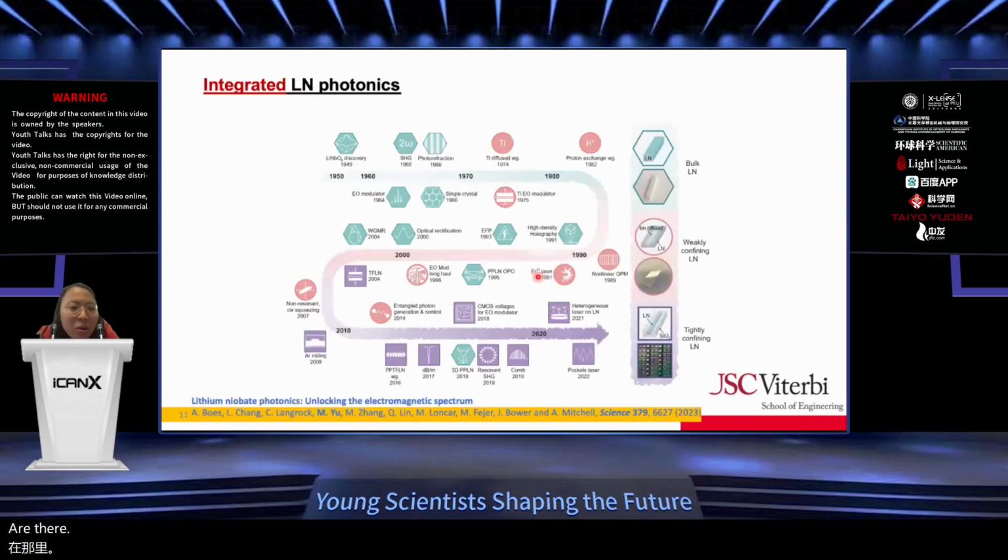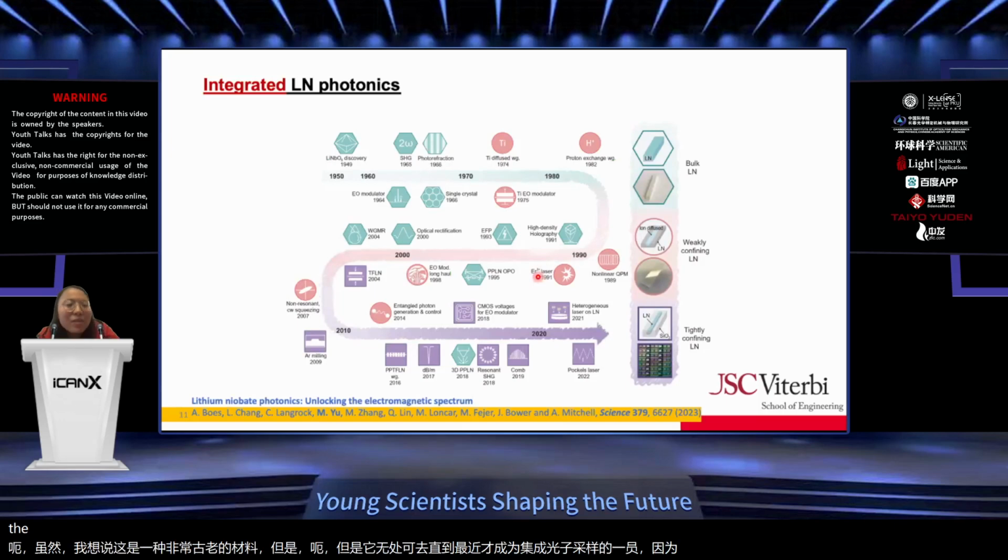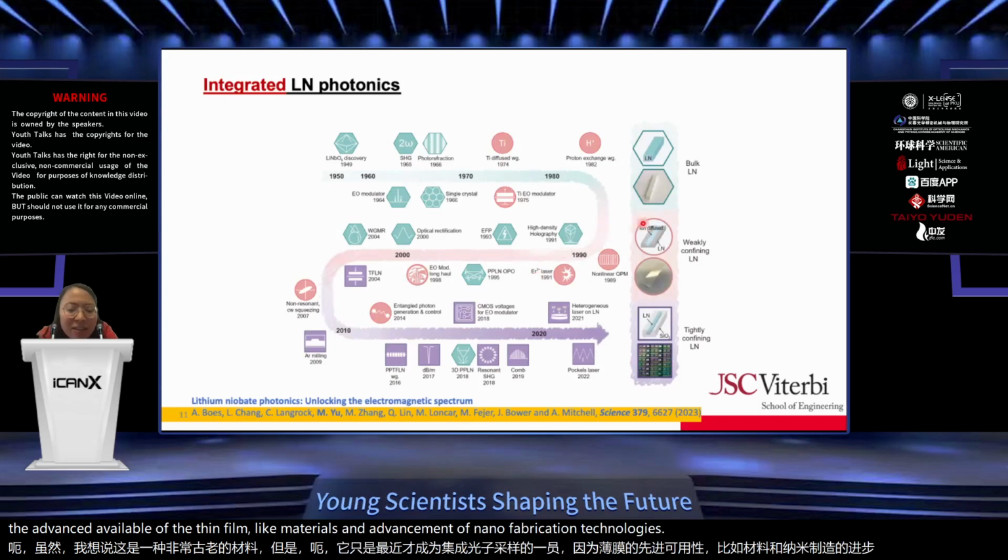Though I want to say it is a very old material, lithium niobate has only recently become a member of the integrated photonic family because of the availability of thin-film lithium niobate materials and advancement of nanofabrication techniques.